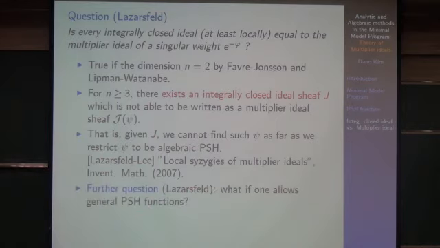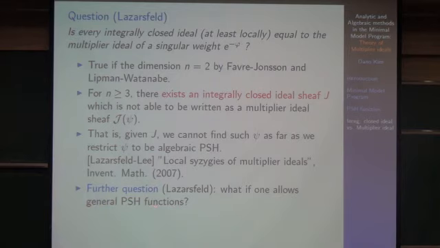And the further question is, in this paper they are using the tools of algebraic geometry, and it's only applicable to the case of psi being algebraic PSH. So it's natural to ask what happens when you allow general PSH functions.